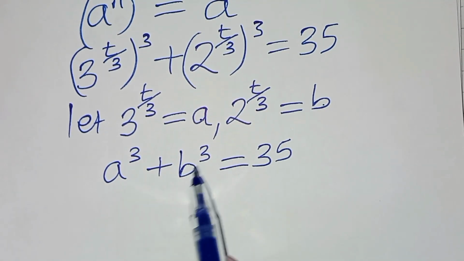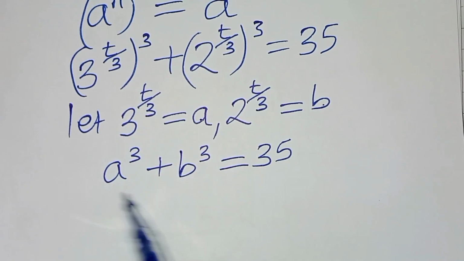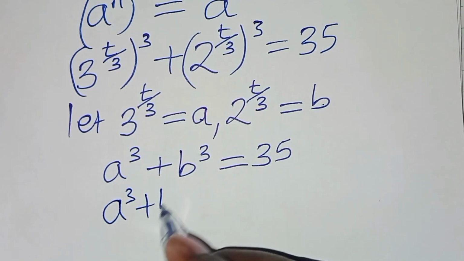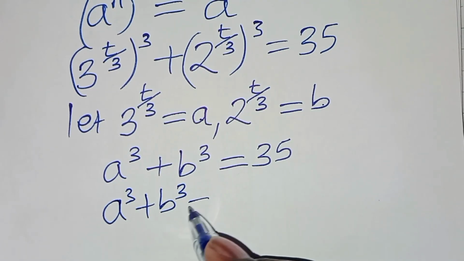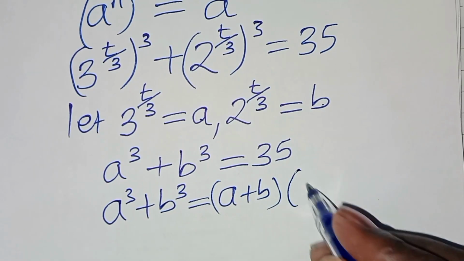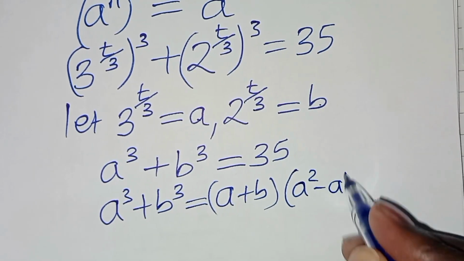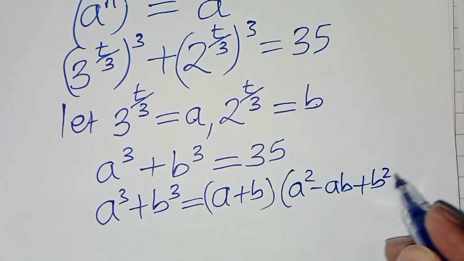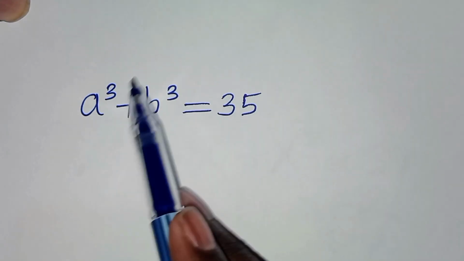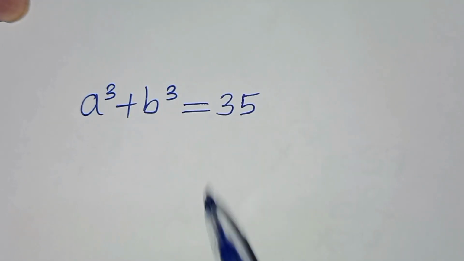Now the next step here, this is the sum of two cubes, so we have a cubed plus b cubed, which we can express as a plus b, a squared minus ab plus b squared. Here we have a cubed plus b cubed equal to 35.